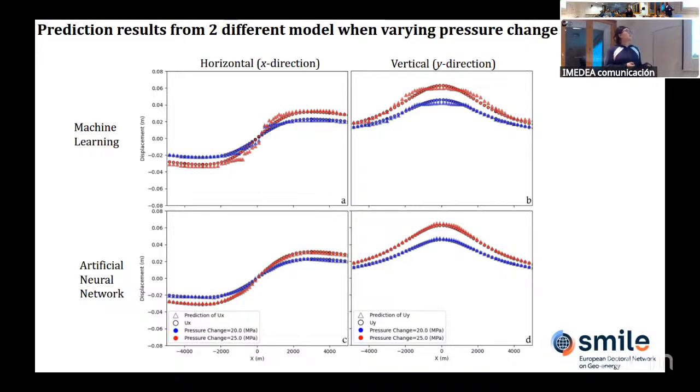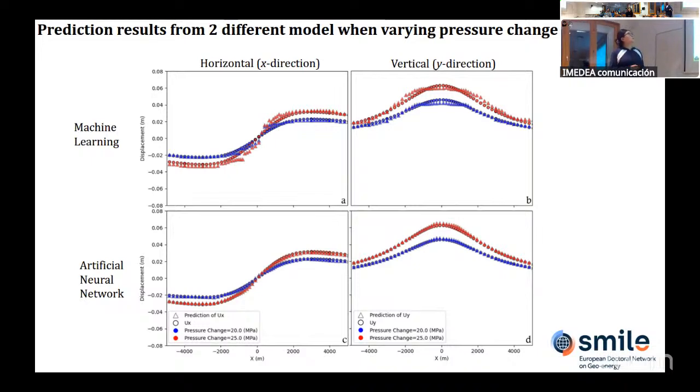We test these models on different pressure changes because, as I just mentioned in the correlation matrix, the pressure change has a very strong correlation to the ground deformation on the y-axis and also the x-axis. So we test different models with different pressure change as the input.